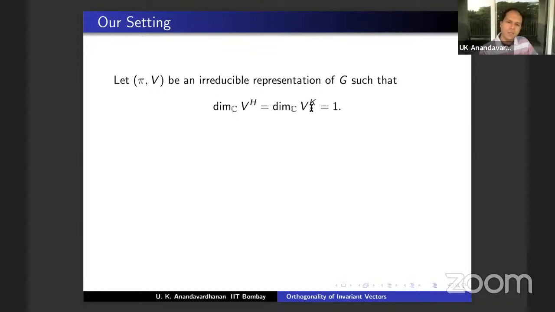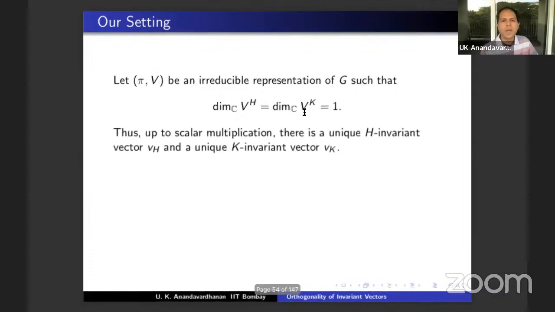Similarly, K is another group, and you look at all K invariant vectors. Suppose pi has the property that any two K invariant vectors also differ by a constant. That means up to scalar multiplication, there's a unique H invariant vector, let's call it V_H, and a unique K invariant vector, let's call it V_K, up to scalar multiplication.